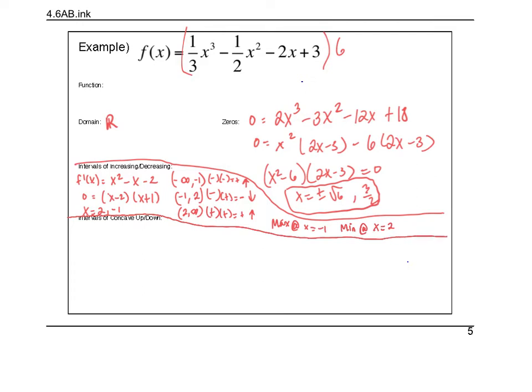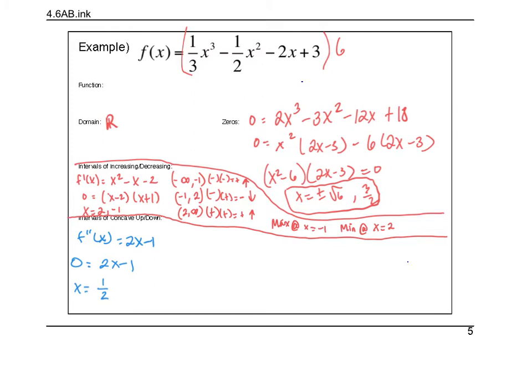Okay, so I'm going to do a very similar process now, but with the second derivative. So f double prime of x is equal to 2x minus 1. Set that equal to 0, and x is equal to a half.